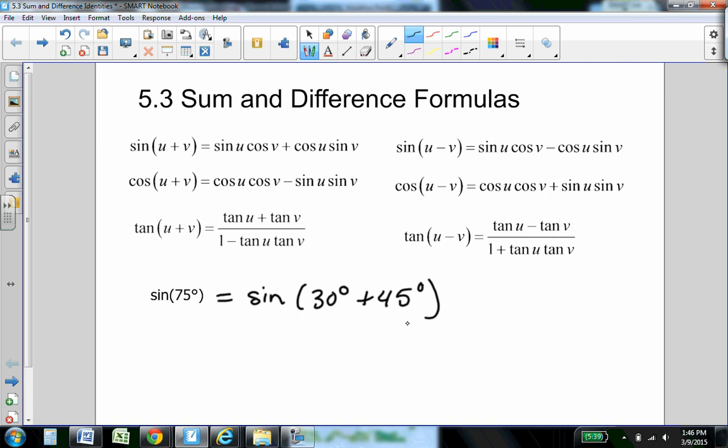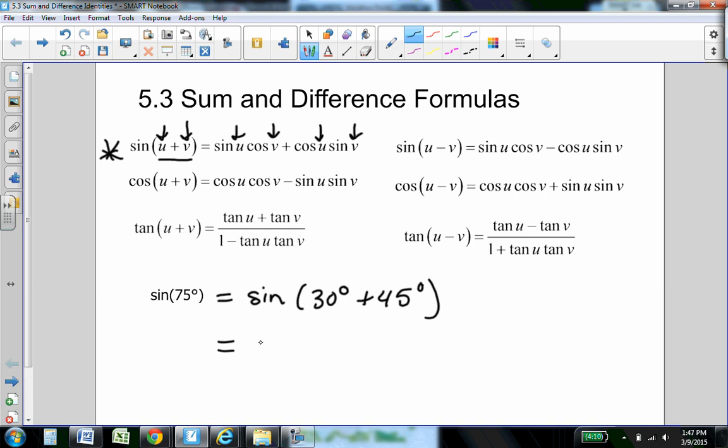So using the idea, and up here the fact that we have a sine of a sum, every time we see a U, we're going to replace it with 30 degrees, and every time we see a V, we'll replace it with a 45.